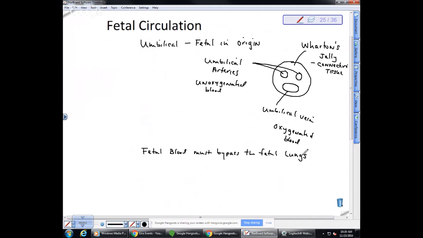So we don't want blood going into the lungs because there's no oxygen there, right? And so does anybody remember what structure in the heart causes blood to go from the right atrium to the left atrium without going into the pulmonary circuit? Yes, so the foramen ovale, right? So the foramen ovale.